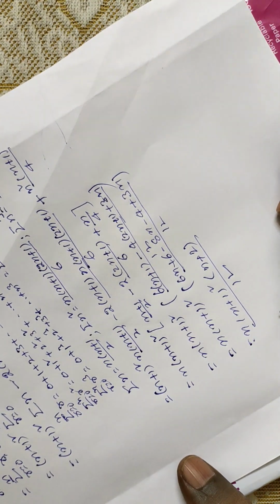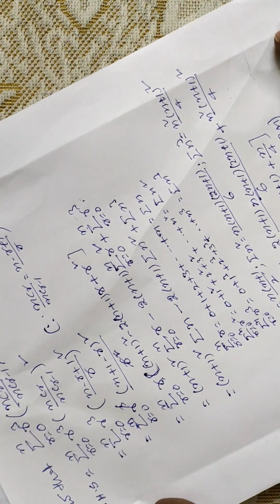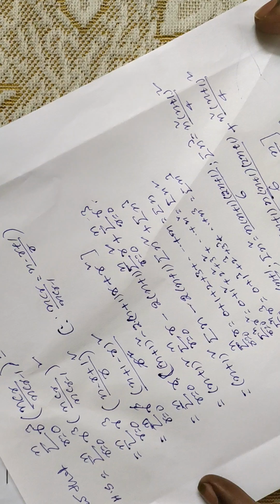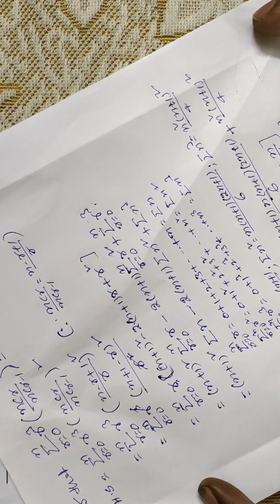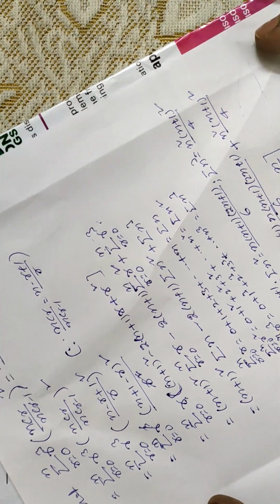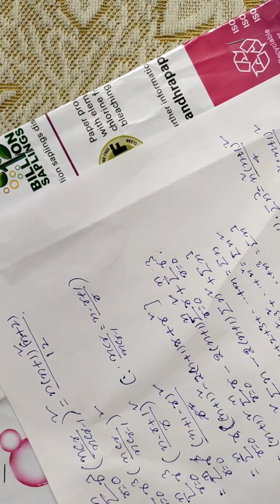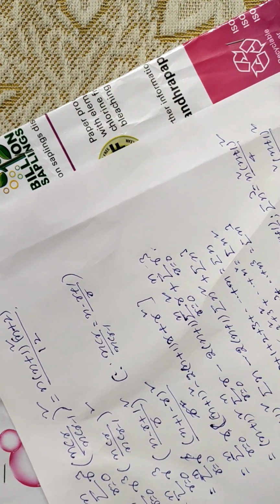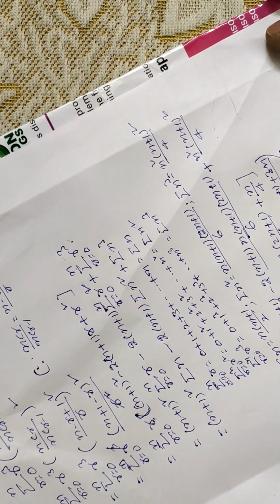Therefore, it is RHS. Okay, then, show that sigma r equal 0 to n, r cube into (nCr by nC(r-1)) whole square equal n into (n plus 1) whole square into (n plus 2) by 12. Okay, for the proof you can follow the following steps.